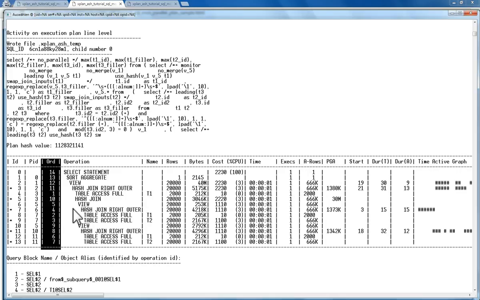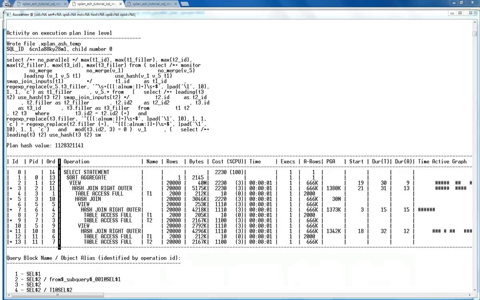Again, you can argue which of the two sources is maybe more helpful, probably depending on the situation, one or the other. But I decided to use active session history for this activity indicator on execution plan line level. So that's another piece of information that you get only if the execution is ongoing.